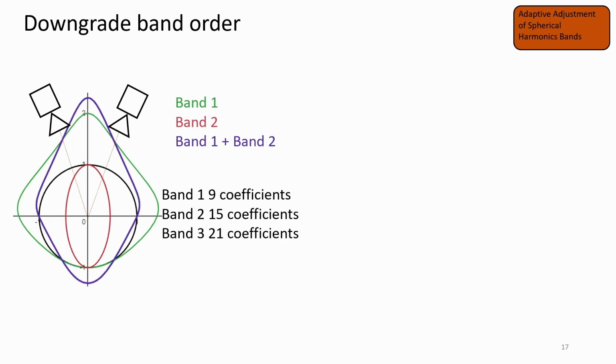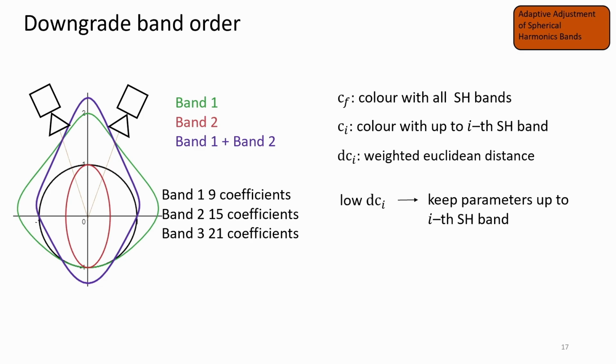Second, there can be cases where the additional spherical harmonics bands are aligned in such a way that the resulting color observed from specific views can be adequately modeled by the lower order band. And this is important because the more bands we use, the more coefficients we use. And actually, the number of coefficients per band increases as the band increases. So in a similar fashion as before, we proceed in calculating the color of a point with the full number of bands, then with every other band, I guess.